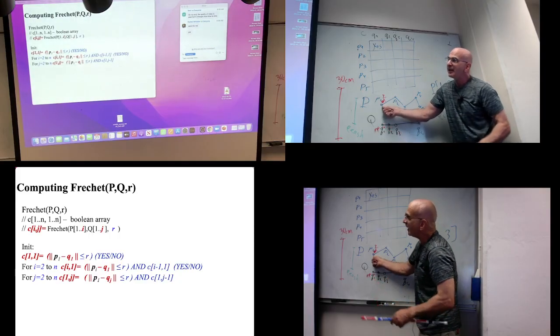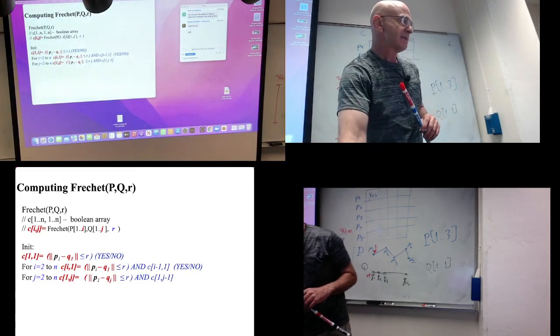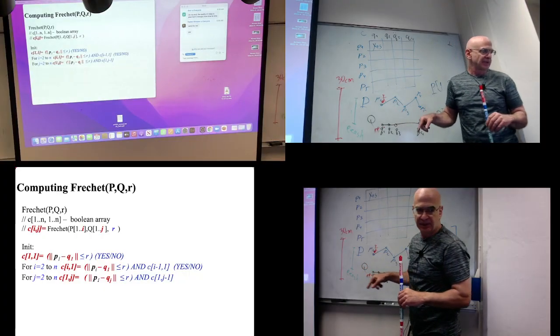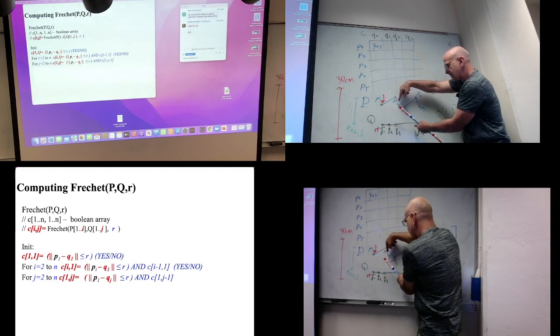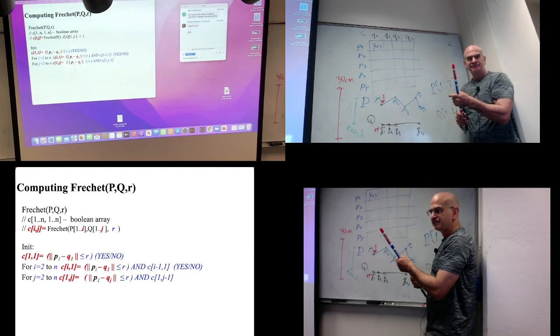What does the i over there tell you? The i over there tells you that the dog is the one that is allowed to move further and further on its curve.